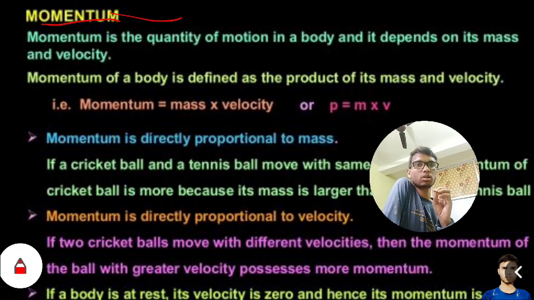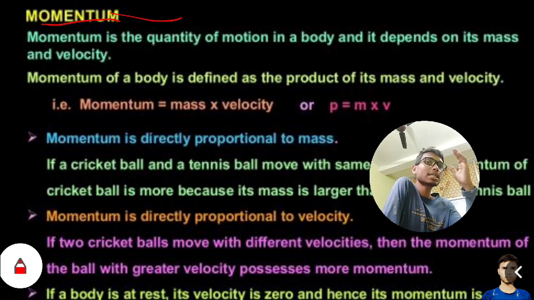What is it saying? If the mass of the body is less and velocity is more, then what will happen? The impact will be more, isn't it?